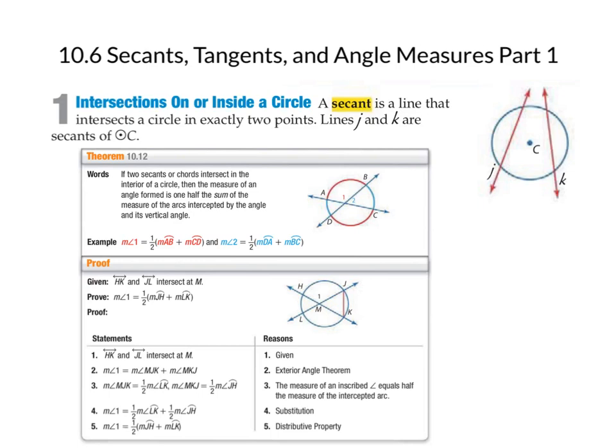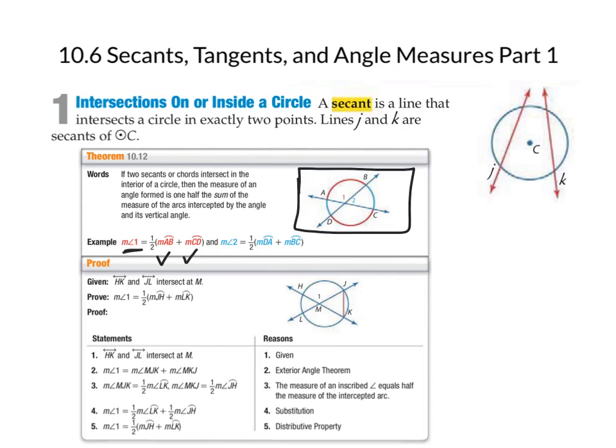For example, in this picture here, you can tell what the measure of angle 1 is if you know the measure of arc AB and the measure of arc CD. If you take the average of those arcs, so you add them together and you divide by 2, or you add them and you multiply by 1/2, that's going to equal the measure of angle number 1.